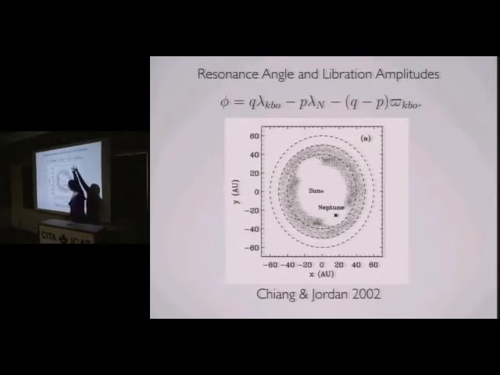Because this angle is not perfectly conserved, it's actually librating, you get this spread in where the object comes to perihelion. But say it's a small object, and we're only able to see it when it's at perihelion. That means we can only see it on the inner edge of where these dots are forming. So you can start to see that we're somewhere in this plot on Earth, pointing our telescopes at the sky.